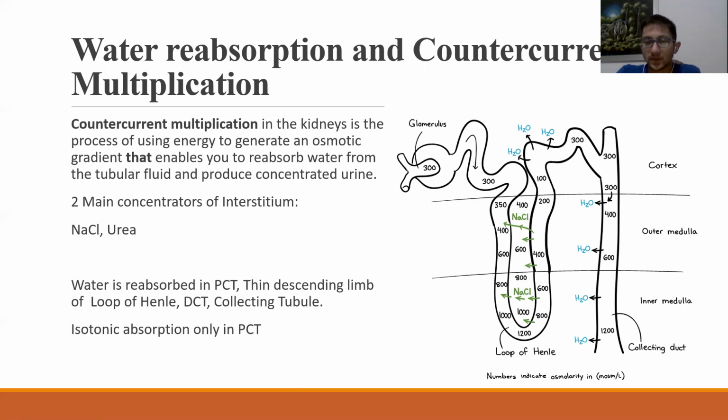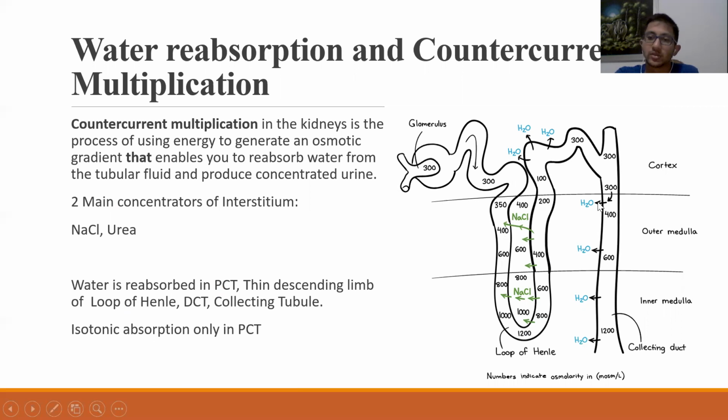Also, in the medullary part of the collecting duct, it is permeable to urea. Throughout the length of the nephron, urea is not allowed to leave the renal tubule, because we want to excrete it.